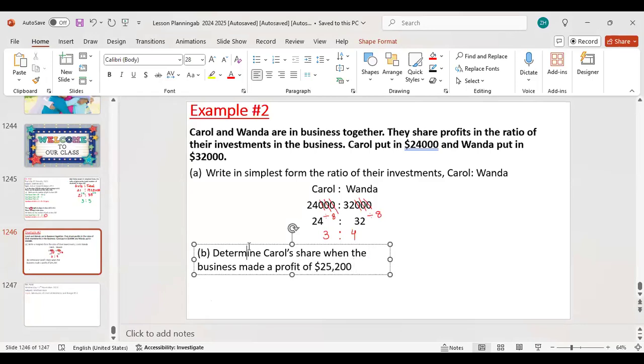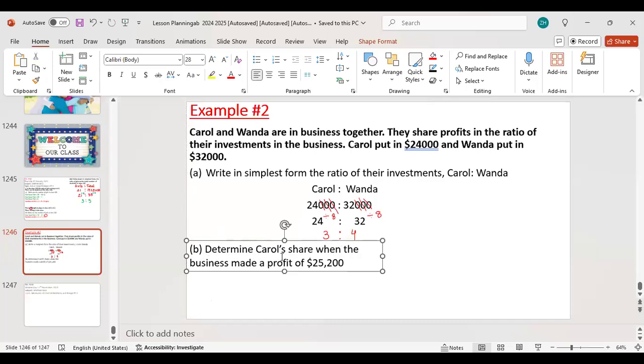So we need to figure out what is Carol's share when the business made a profit of 25,200. That's what we need to do. Okay. And so that's our work.